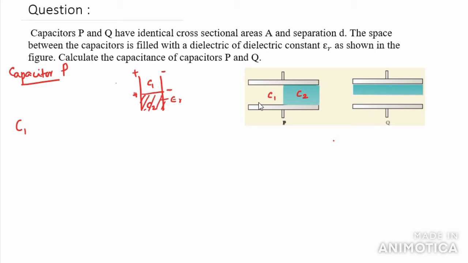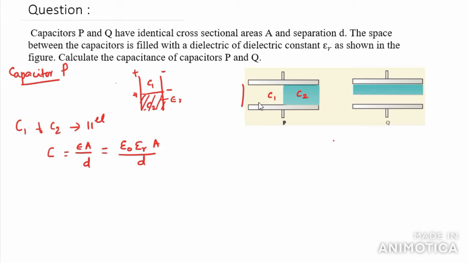The general formula for the capacitance of a parallel plate capacitor is epsilon A by D, where epsilon is the permittivity of the dielectric medium. This can be written as epsilon naught into epsilon r A by D, where A is the cross-sectional area and D is the separation distance.